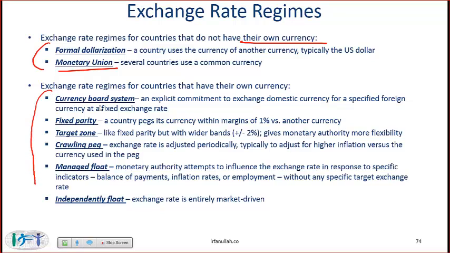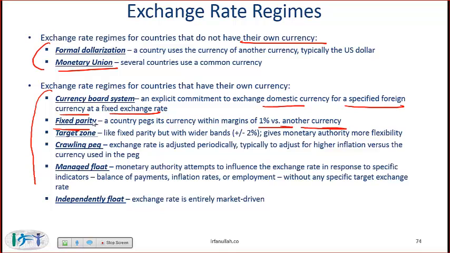A currency board system is as close as it gets to a fixed rate system. So there is an explicit legislative commitment to exchange domestic currency for a specified foreign currency at a fixed exchange rate. Fixed parity means a country pegs its currency within margins of 1% versus another country.